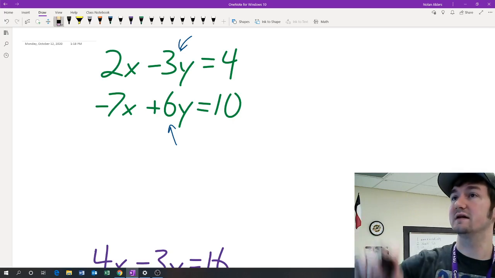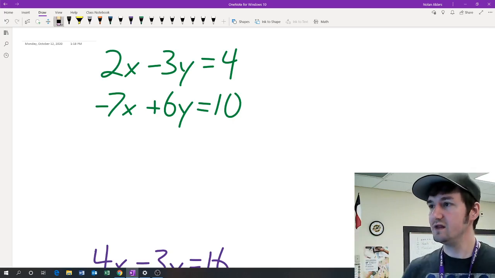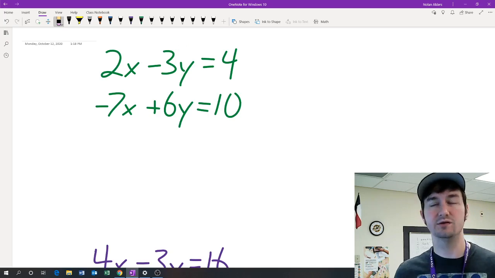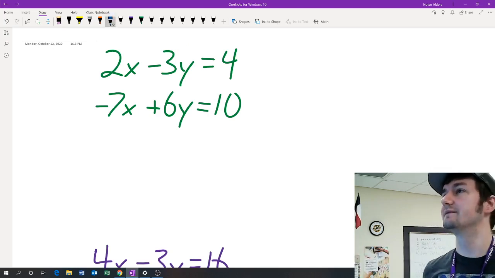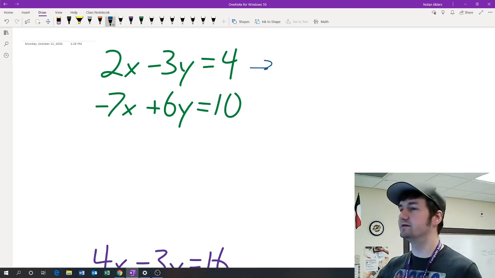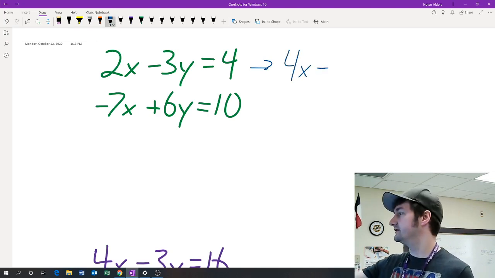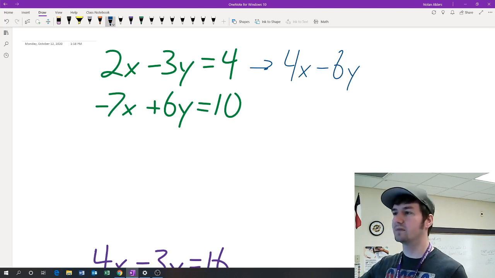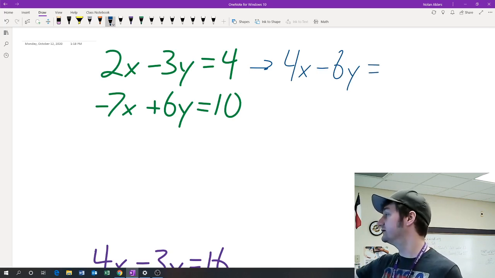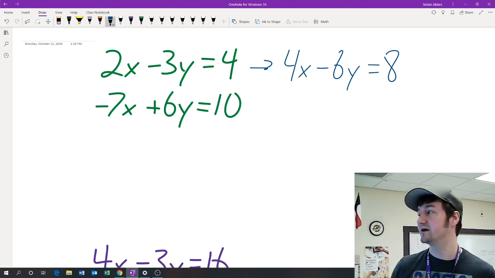So let's go ahead and see how this would work in practice. Let's take that first equation and multiply both sides by 2. So we will get this new equation, 4x minus 6y equals 8. Multiply everything by 2.